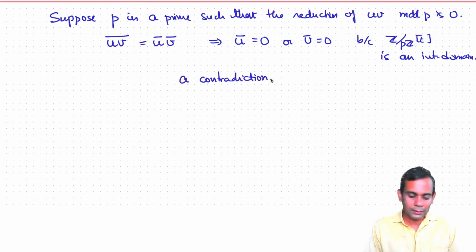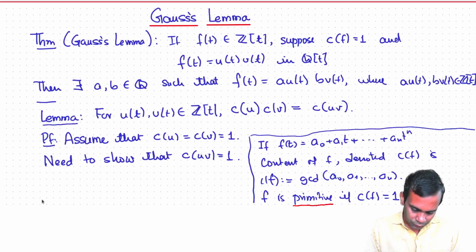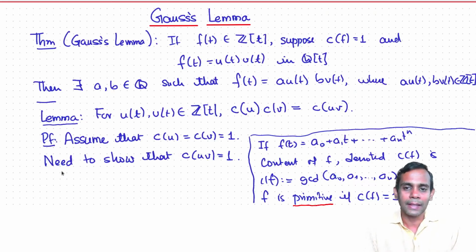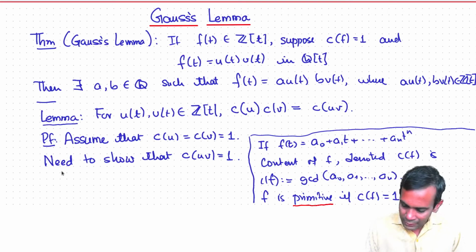Okay, so this concludes the proof of this lemma, that the product of two primitive polynomials is again primitive. Now we are ready to prove Gauss's lemma, the main theorem of this lecture.